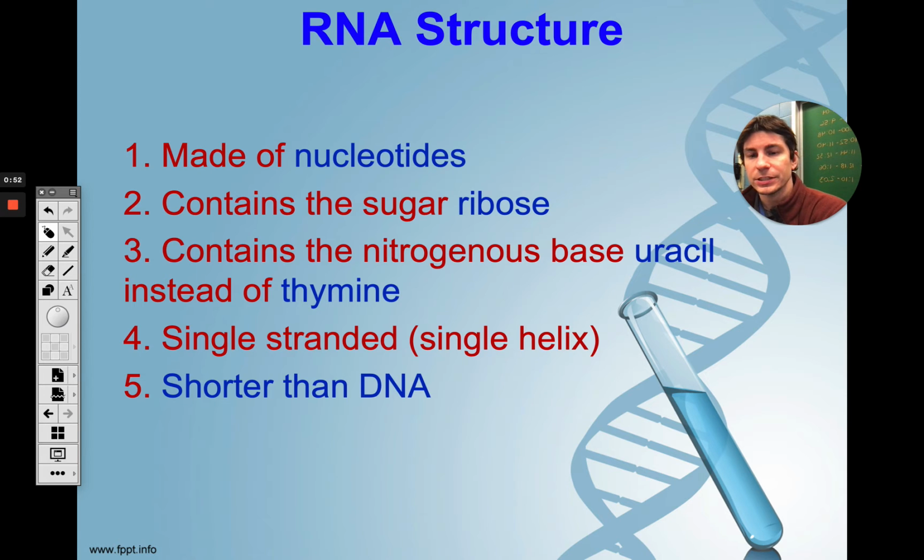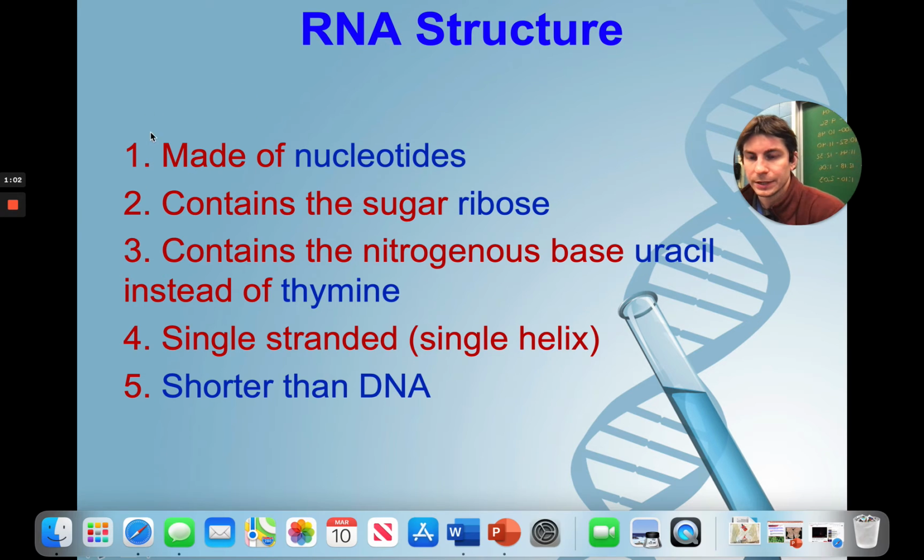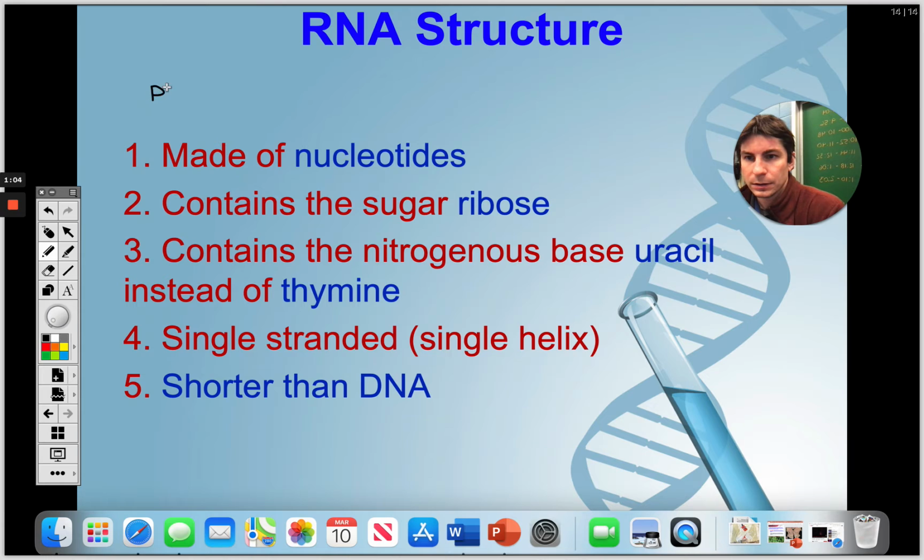The other difference is that one of our bases is different in RNA compared to DNA. DNA has thymine. RNA does not have thymine. Instead, RNA has a different base called uracil.